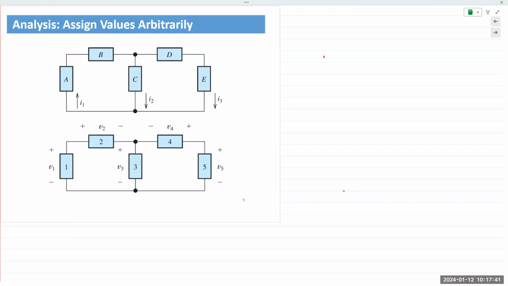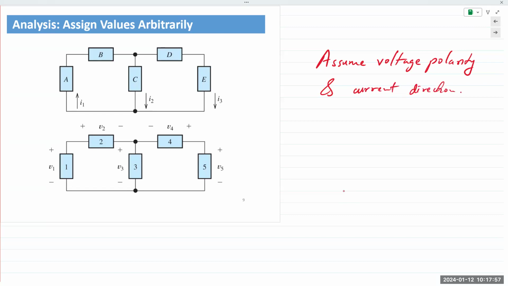So you assume voltage polarity and current direction, but the assumption is based on logic. Logic and, of course, rules that we will learn about. Okay.